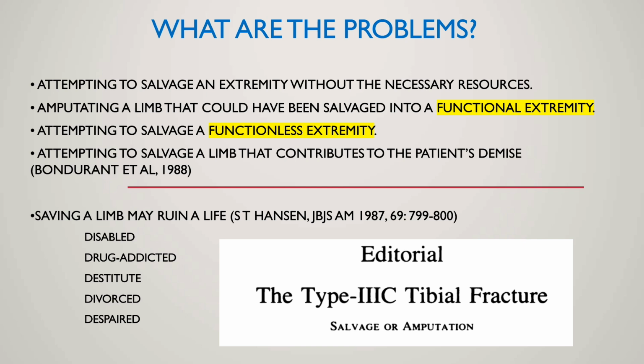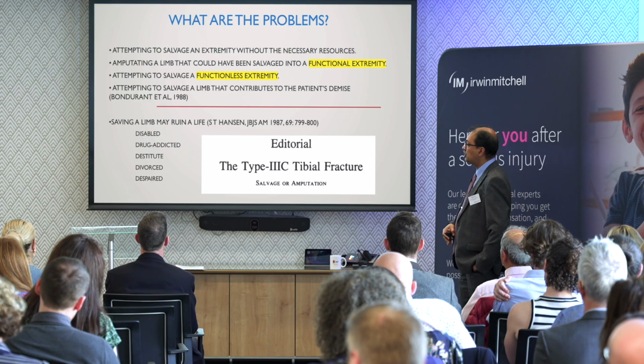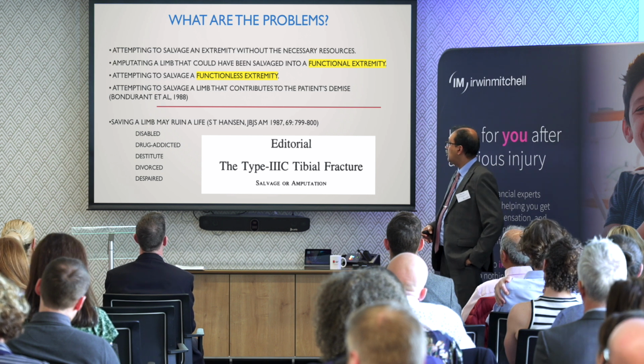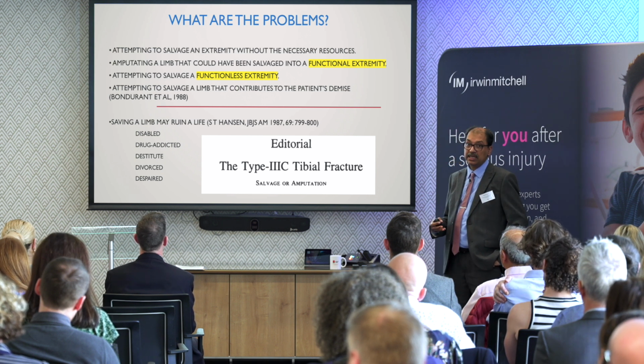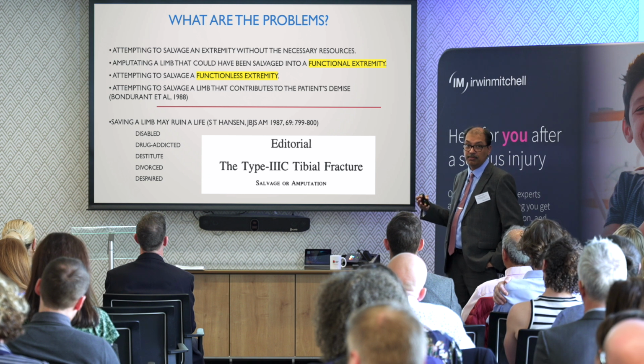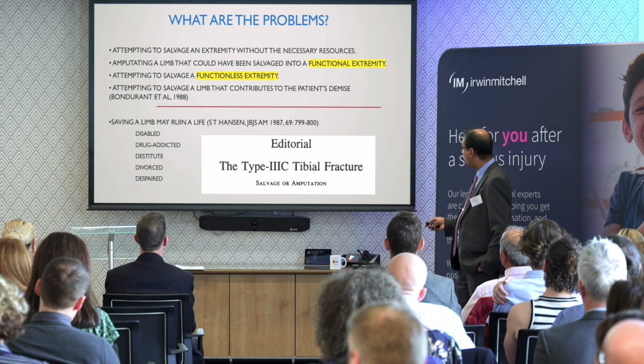This is all published data from 19, although it's a very old paper, I think it is absolutely pertinent even today. Attempting to salvage a limb that contributes to the patient's demise can cause a lifelong tragedy or problem.